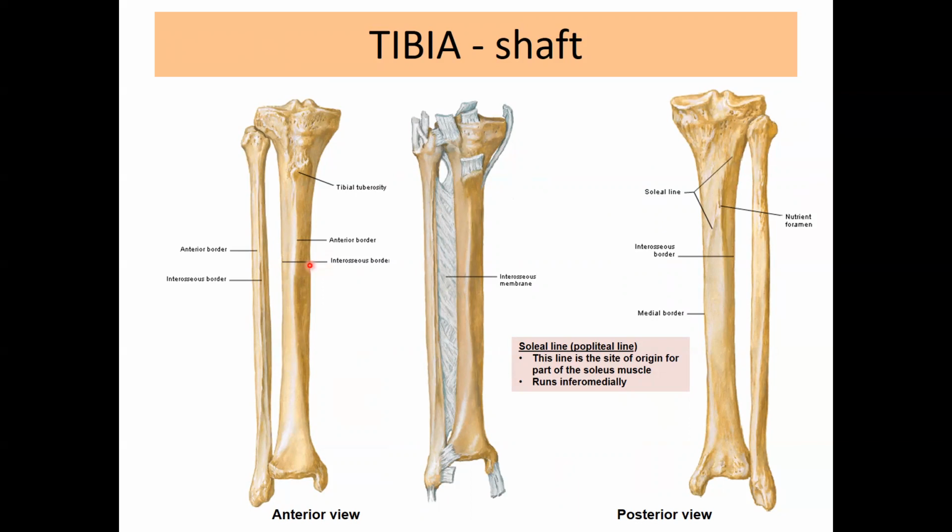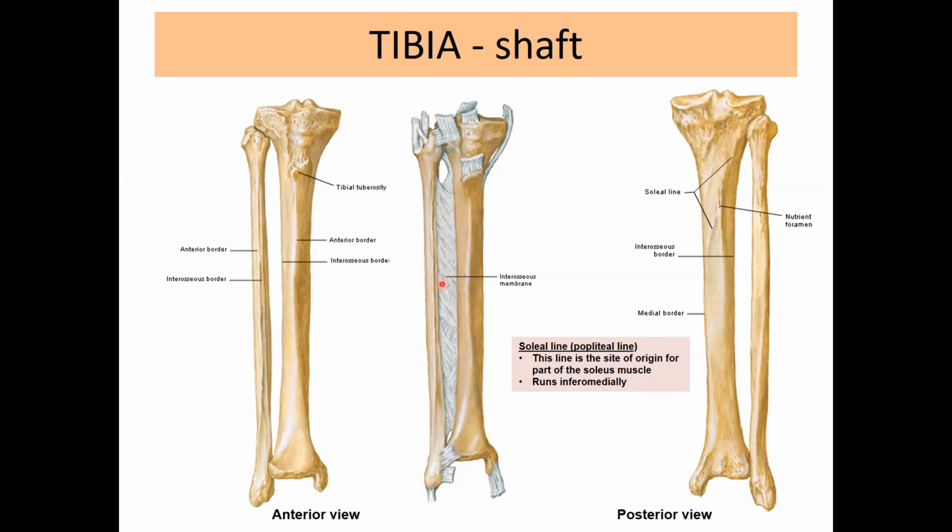Moving to the lateral side, there is the interosseous border. What is the importance of the interosseous border? It is the point of attachment of the interosseous membrane that connects the tibia and the fibula.